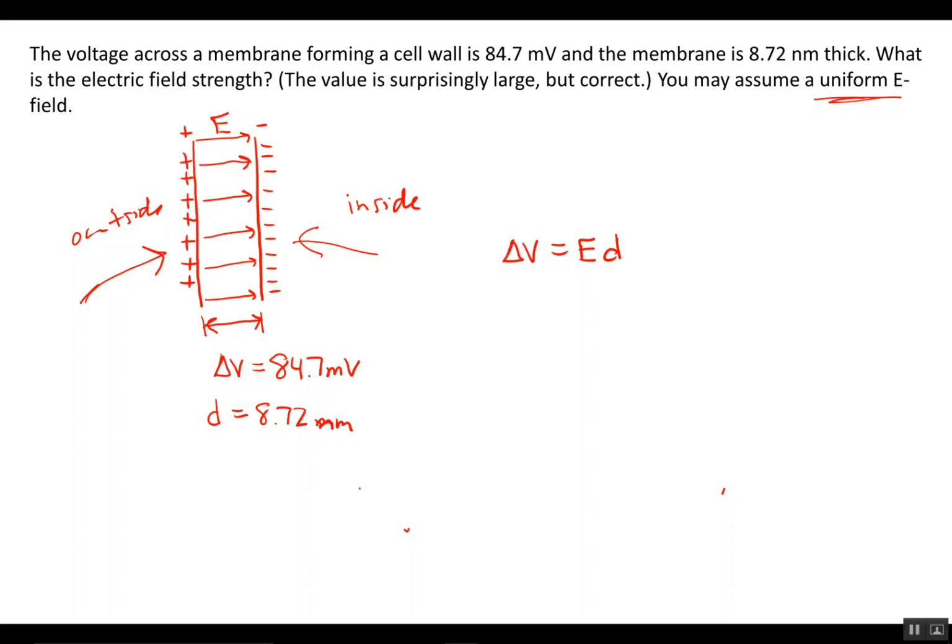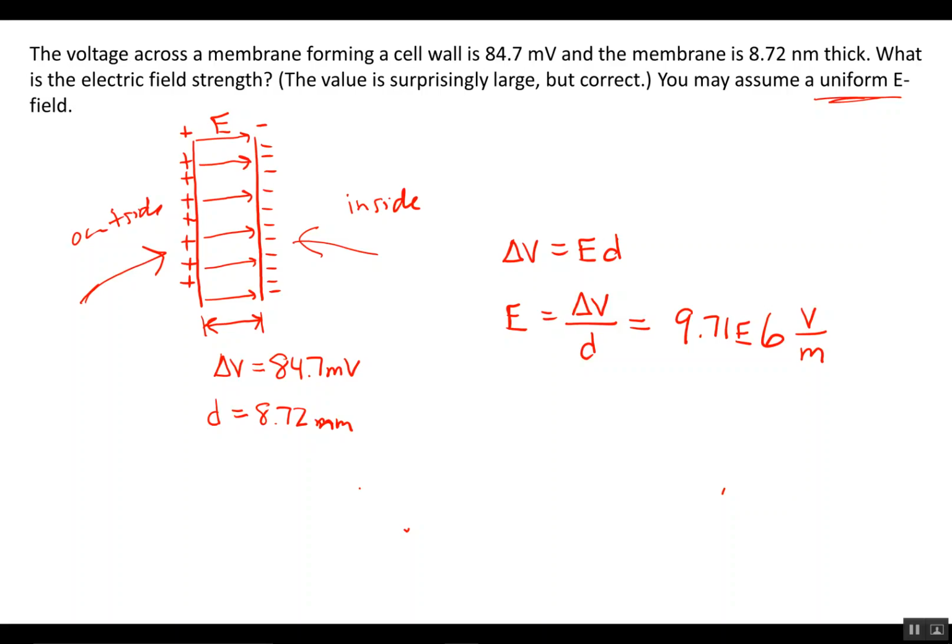So in this case, it's not plates, it's the sides of the plasma membrane of a cell. So now we solve for E. E is going to equal the voltage difference across the membrane divided by the thickness of the membrane. And that's equal to 9.71 times 10 to the 6 volts per meter.